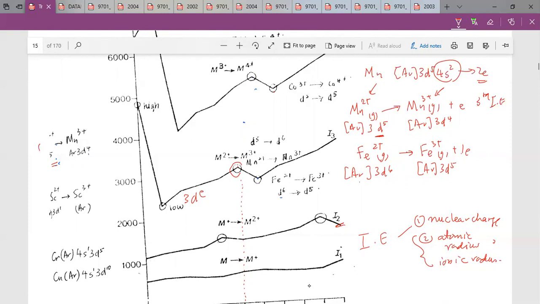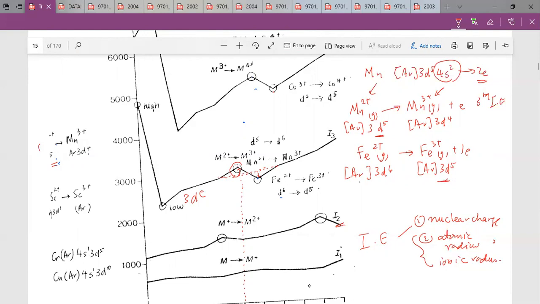Now iron is going down here a bit. It means it's not according to the general trend. So it's a bit higher here, and a bit lower here. Why? Because of the stability of the 3d5 for Fe3+.